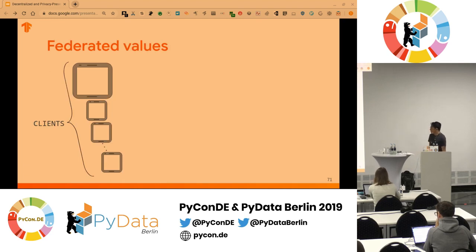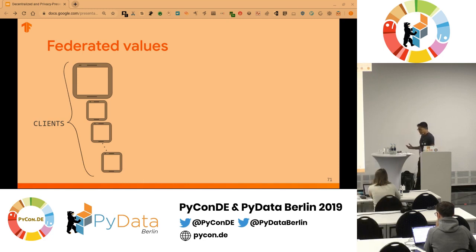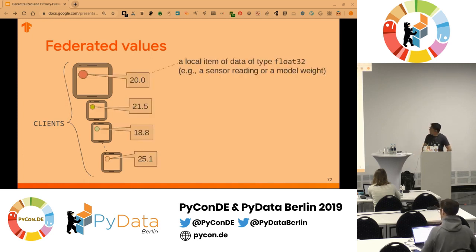All right, so it's kind of a recap, but this notion of federated values. If you remember from the FC slides, we talked about temperatures in clients. If you take the same example, we introduce this first-class concept called federated values now in TFF, right?